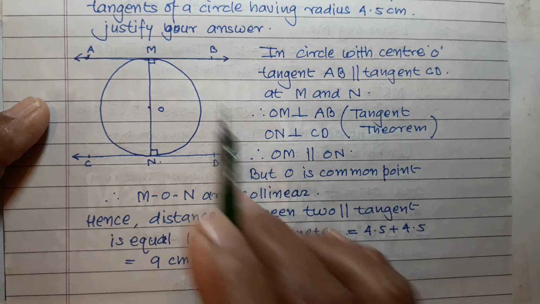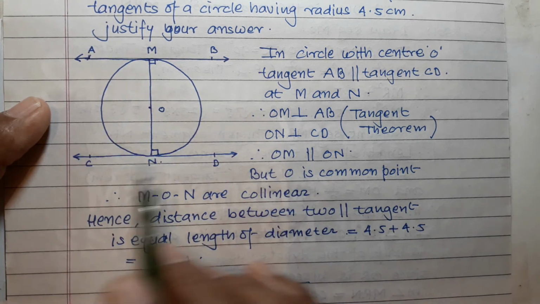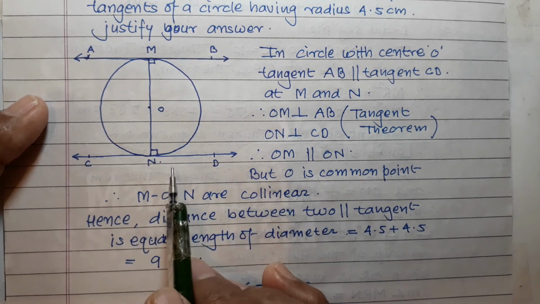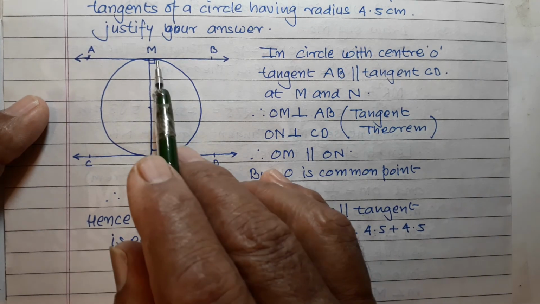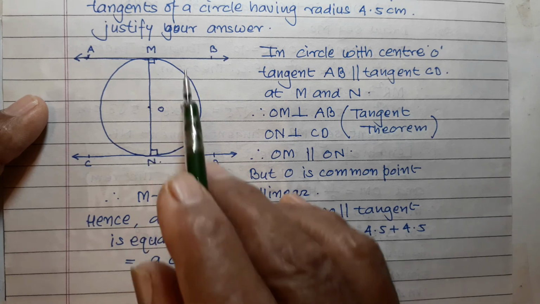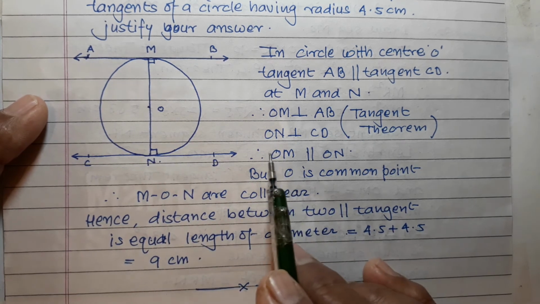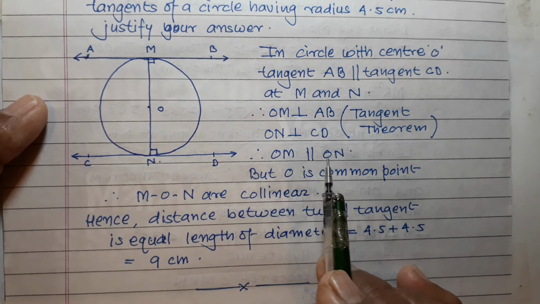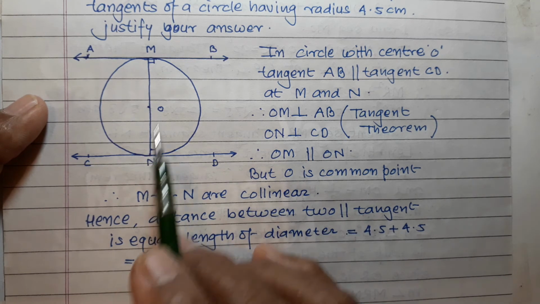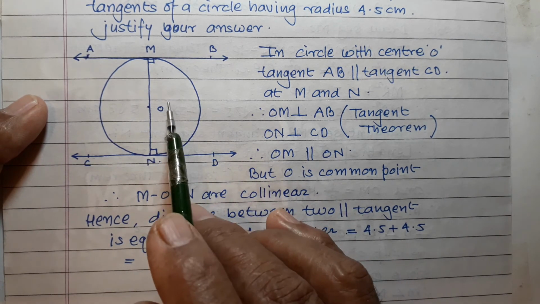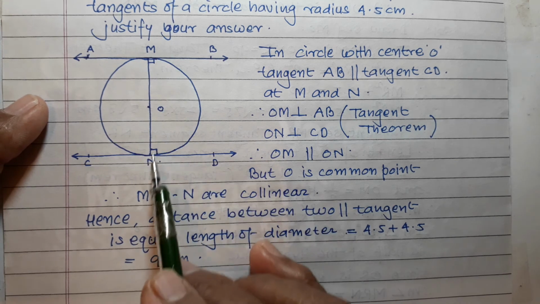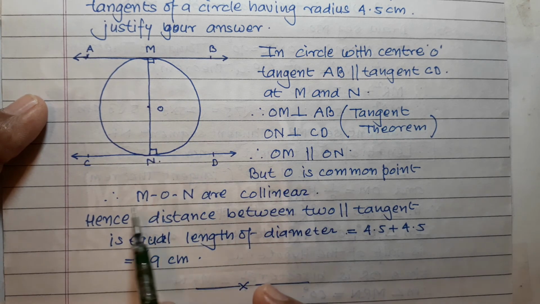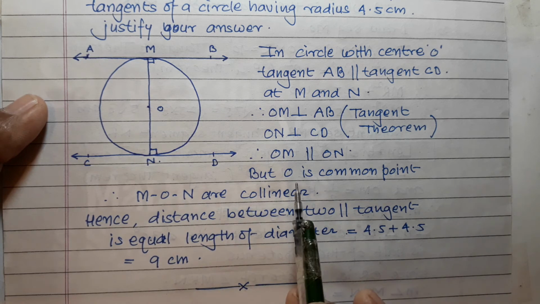Therefore, this and this are parallel, and this and this are perpendicular, and therefore OM and ON are parallel. But O is a common point, and therefore points M, O, N are collinear.